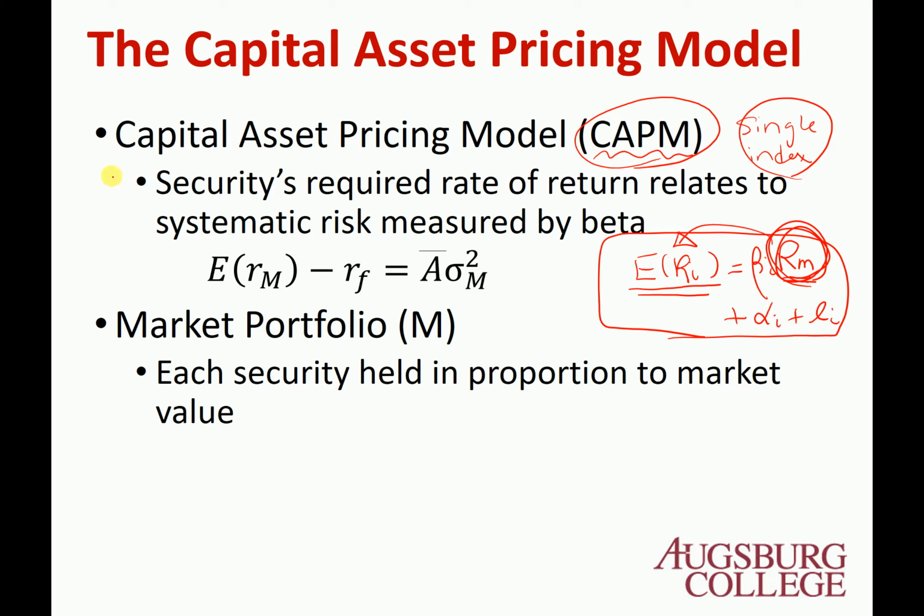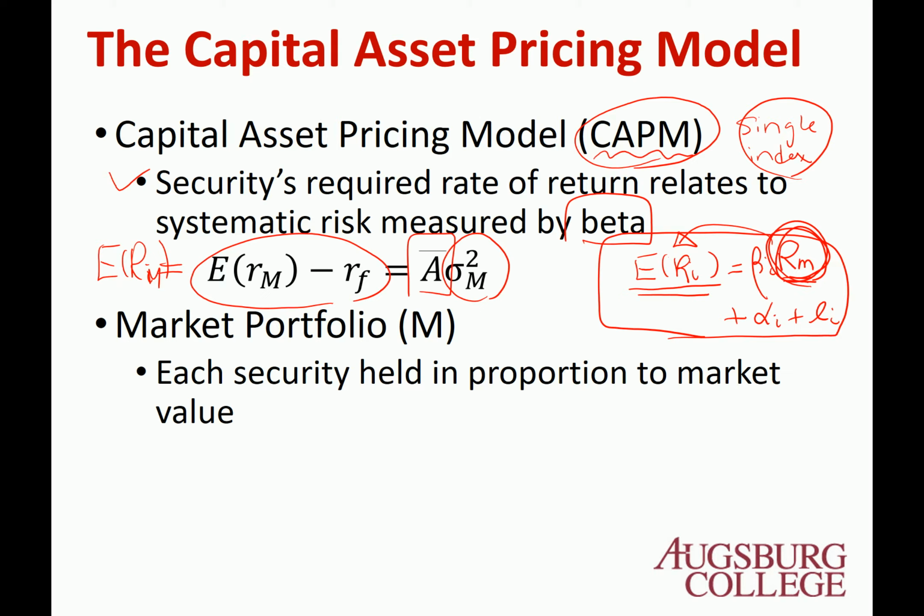So first of all, a security's required rate of return is related to the systematic risk measured by beta. So this is the risk premium, right? We can also write this using uppercase R. The risk premium of the market is related to the market variance and the risk aversion of the individual investor.